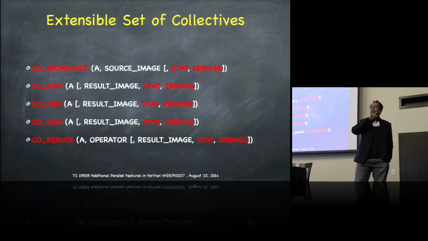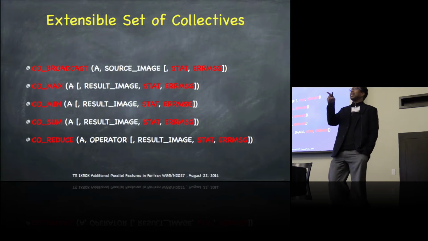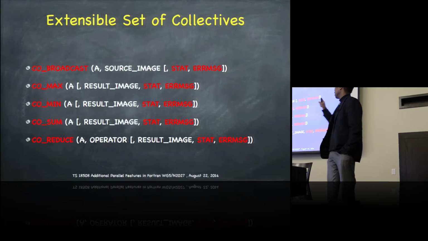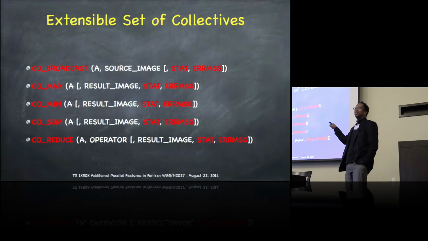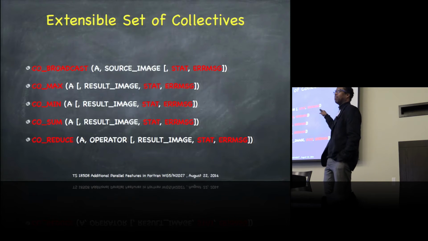I had actually been working with co-array Fortran for two years before I realized that you don't necessarily have to use these just with co-arrays. When I first read that, I thought it was co-array broadcast. What it actually is, is collective broadcast.